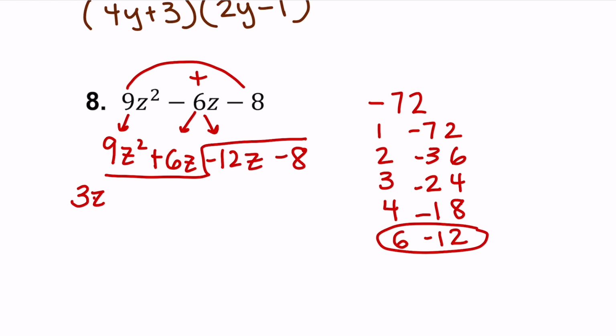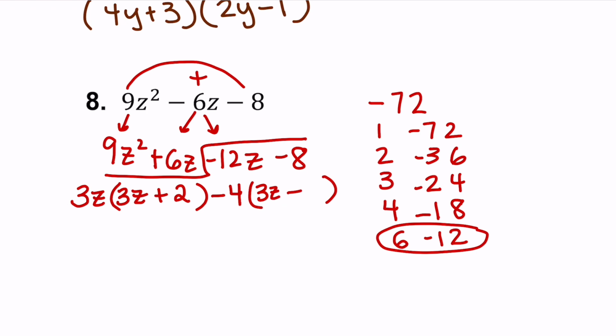They both also have a z that we can pull out. Now 3 times 3 is 9, but we also need another z to get our z squared. And 3z times 2 gives me 6z. Whatever sign you have, bring it down. Now I look into 12 and 8. The biggest number that both of those have in common is a 4. 4 times 3 is 12.